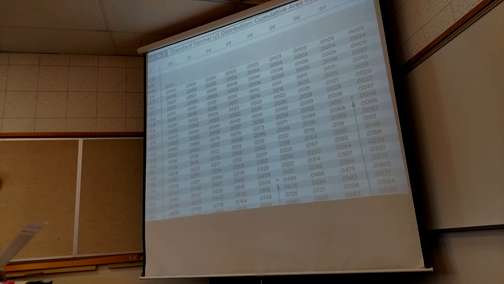So that means if you get to -2.37, you've got 0.89% of everything below you. If on a quiz or a test your z-score is -2.37, you're not quite in the first percentile. You've only got 0.89% of the people who did worse than you, if it's normally distributed. Who's got a question?